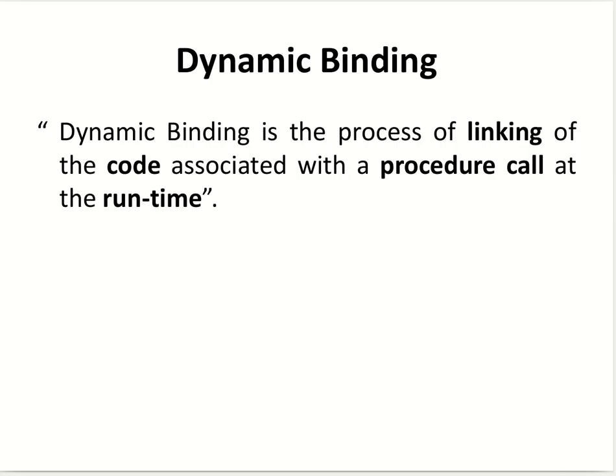The next element of object-oriented programming is dynamic binding. Dynamic binding is nothing but the process of linking the code associated with a procedure call at run time only. After completing inheritance, we will get to know more about it.